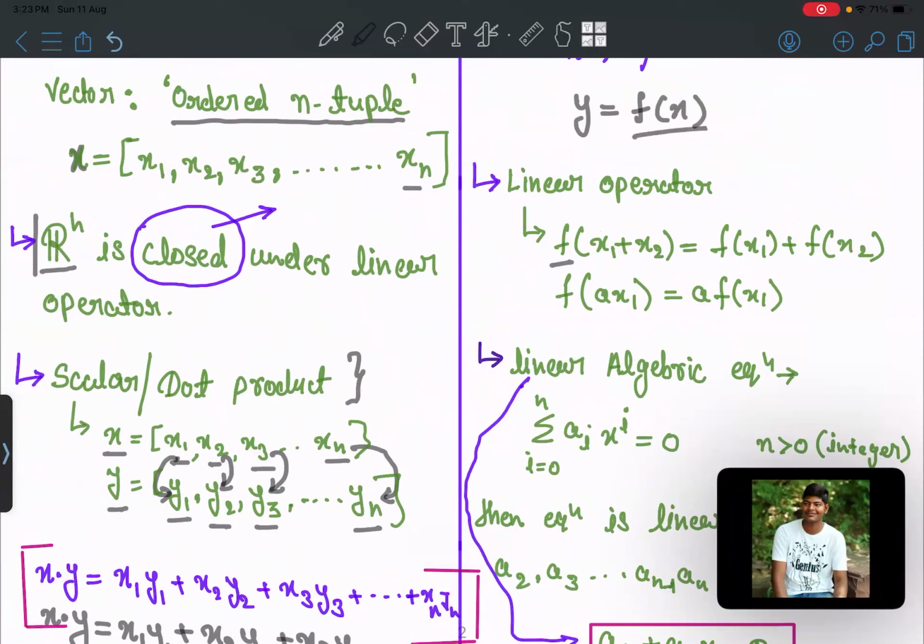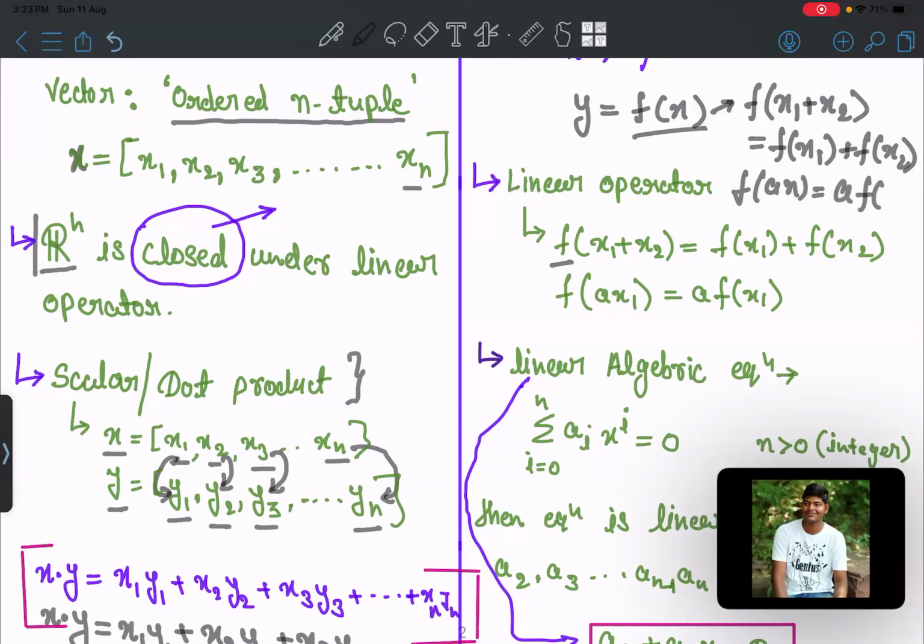So if this f, f of x1 plus x2 leads to f of x1 plus f of x2, and f of a x will be equal to a times f of x. If these two conditions are satisfied, this function f is called a linear operator or linear function. Okay.